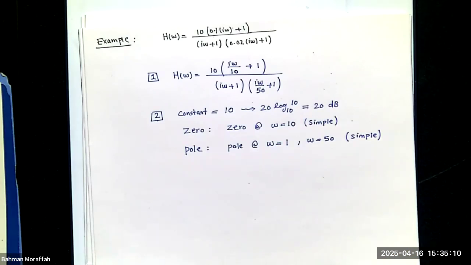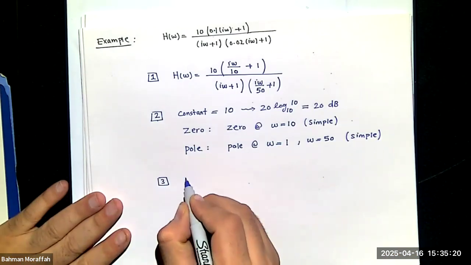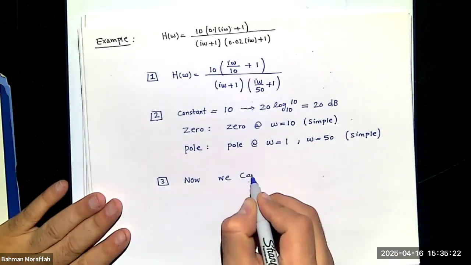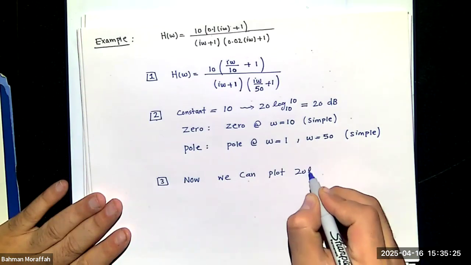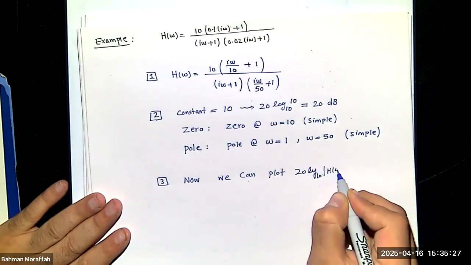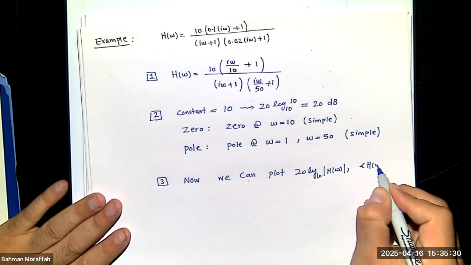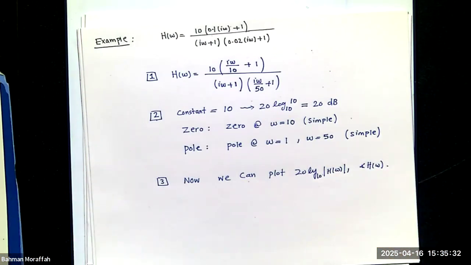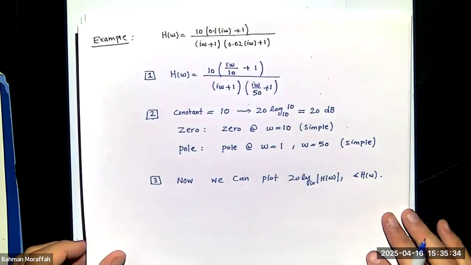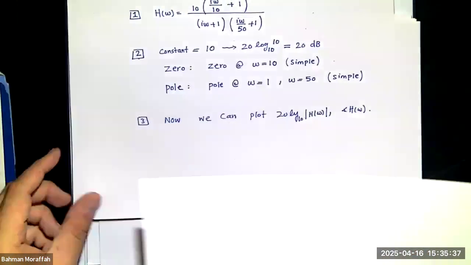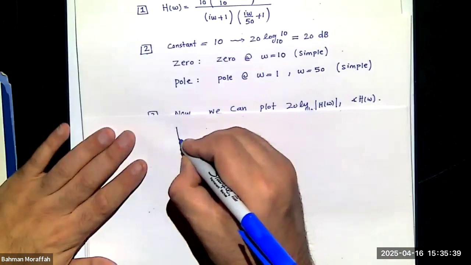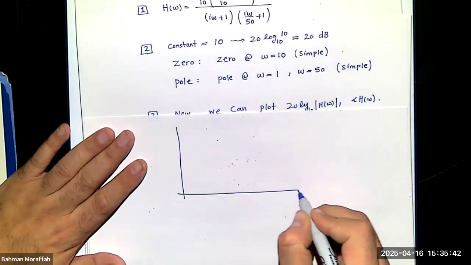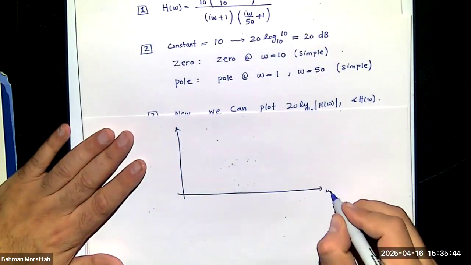Now I'm ready to plot. I know where the breaking points are, so I know where I'm going to have to change. So now we can plot 20 times log 10 of H of omega and the phase of H of omega. Right? Let's just say I have this omega.